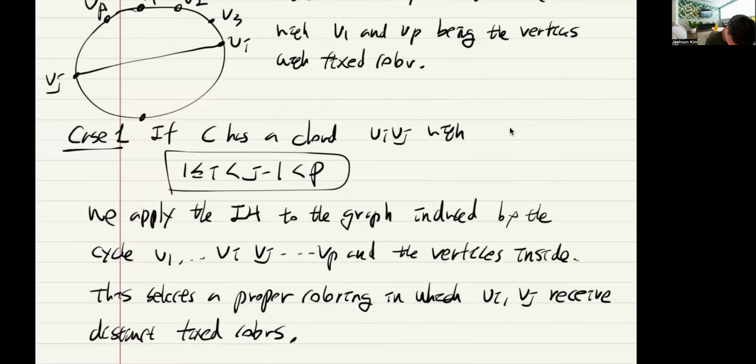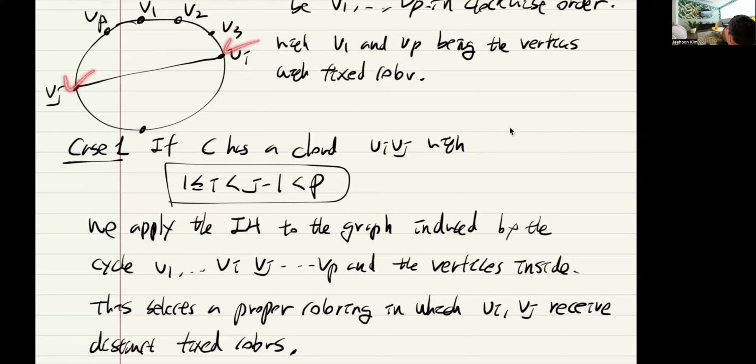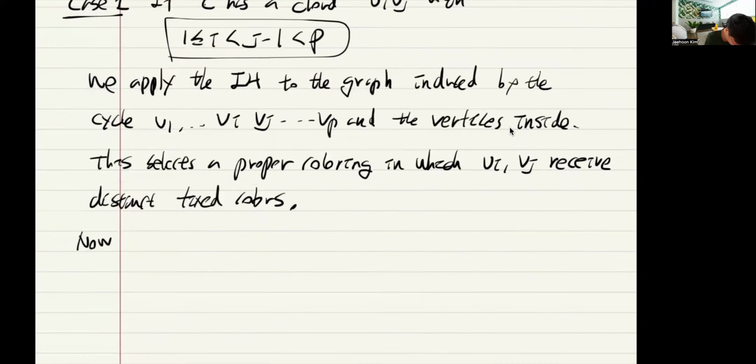Now what? Now these two are already colored. That's the same as giving them a list of size 1. And then with that, you apply the induction hypothesis to complete the coloring.